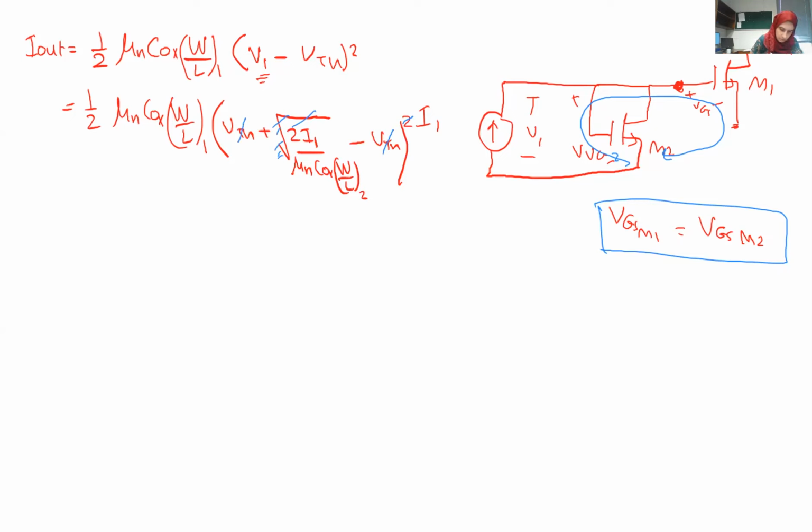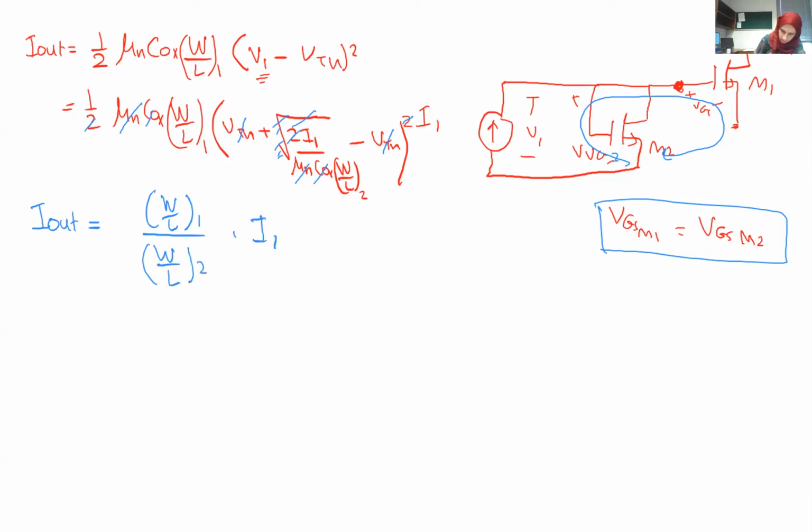Mu and COX will also cancel with the mu and COX, and the 2 will go with the half. So what are we left with? We are left with I out equals W over L of transistor 2 times I1.